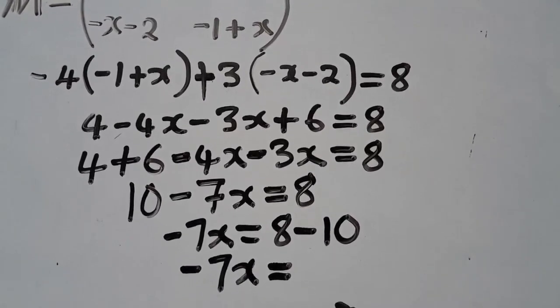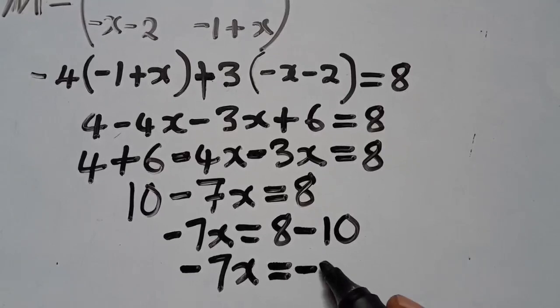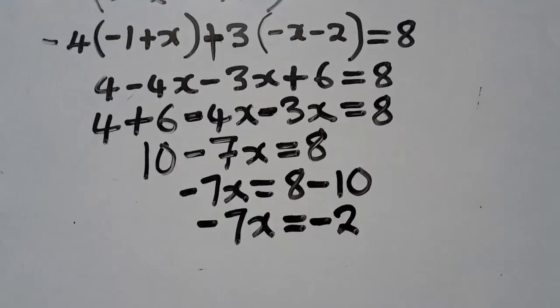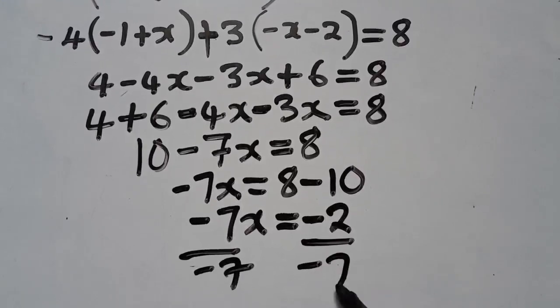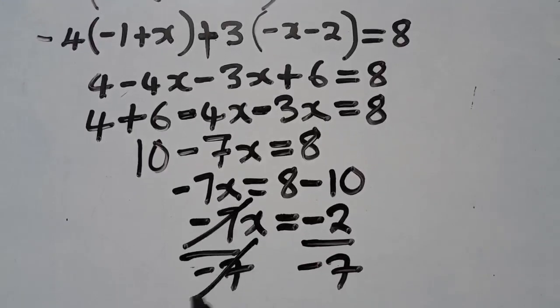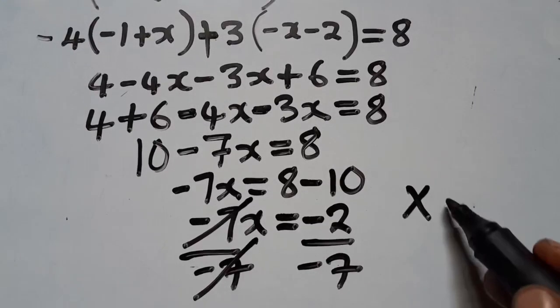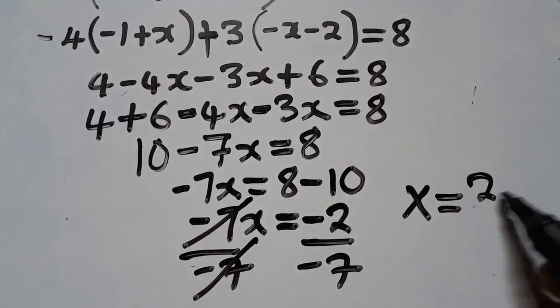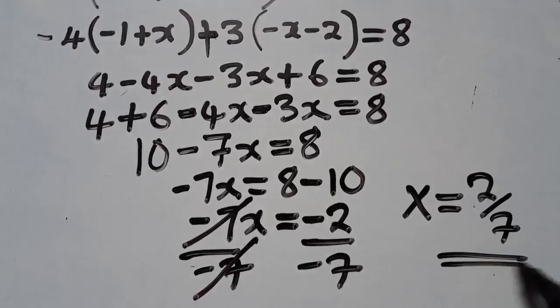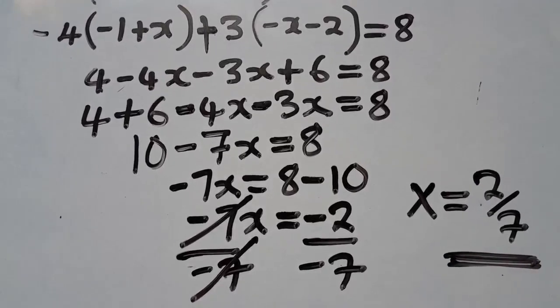When you subtract there, what answer are you getting? You get -2. From there you say over -7 over -7. -7 cancelled. You remain with x. Our x is equal to 2 over 7. That is your answer. That is the value of x.